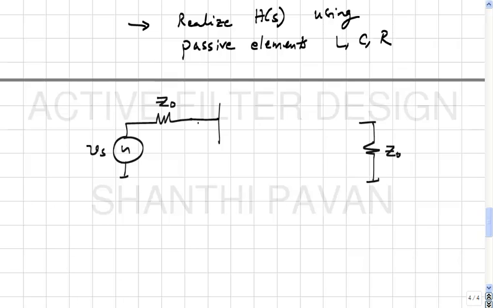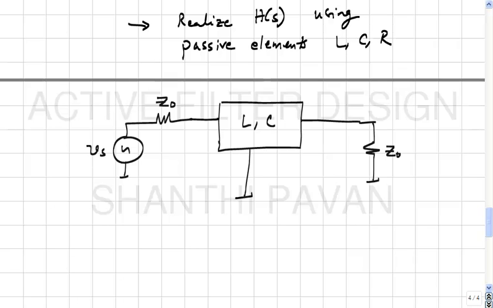Z0 is real. To make a filter, you would need to put a network between the source and the load to realize the required filtering function. And it made sense to use only lossless elements inside this box, because there are deeper reasons for this.